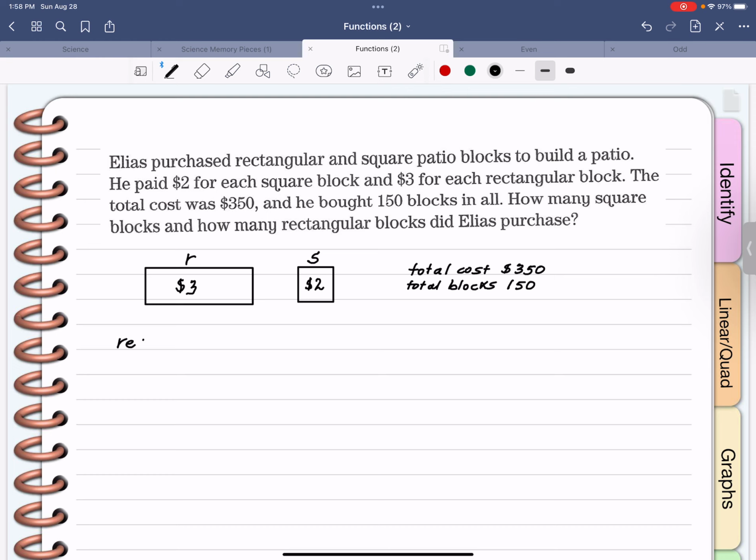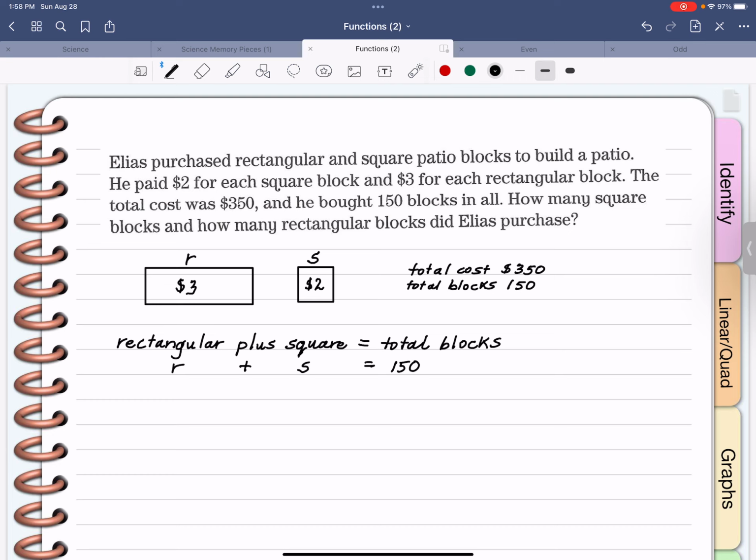So would you agree with me that the rectangular blocks plus the square blocks equal the total blocks? He didn't buy circles or triangles. He only bought rectangles and squares. So this 150 has to be made up of R plus S. The rectangles plus the squares equal 150 total blocks.